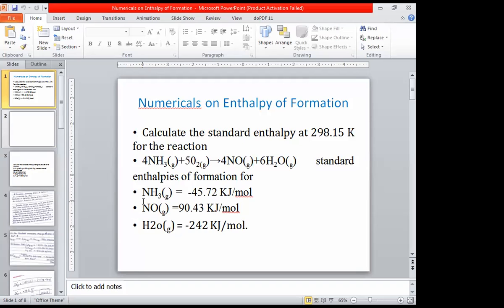So I want somebody to give me an answer: what is meant by formation reaction?